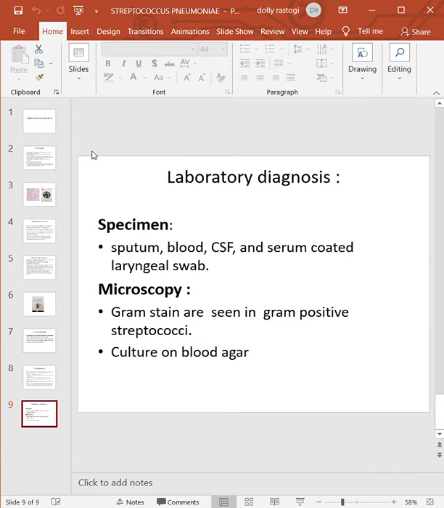They are demonstrated by Gram's staining, and also it is inoculated on blood agar plates at 37 degrees centigrade in the presence of 5 to 10% carbon dioxide.